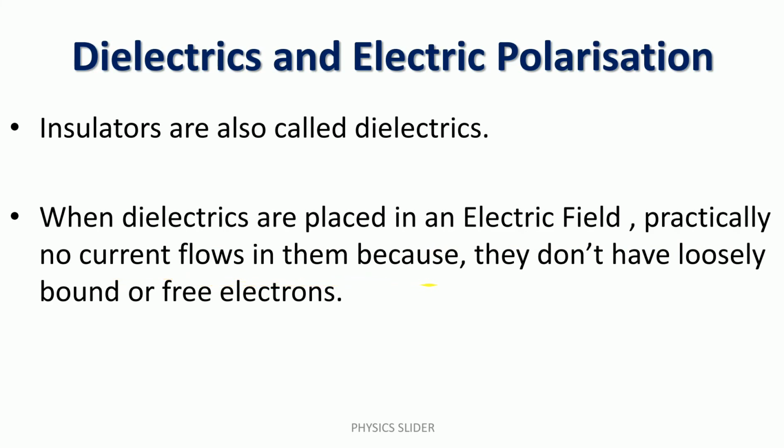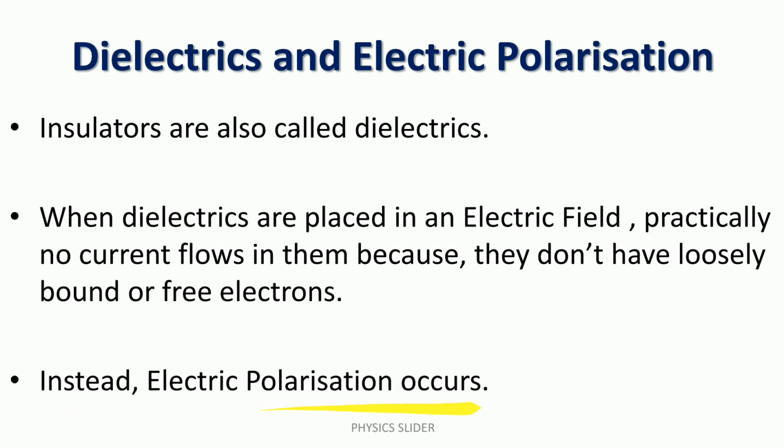Why? Because they don't have free electrons; they are not conductors, they are insulators. So they don't conduct the electric current because they don't have loosely bound or free electrons. So what happens when they are placed in electric field? They don't conduct the electric current.